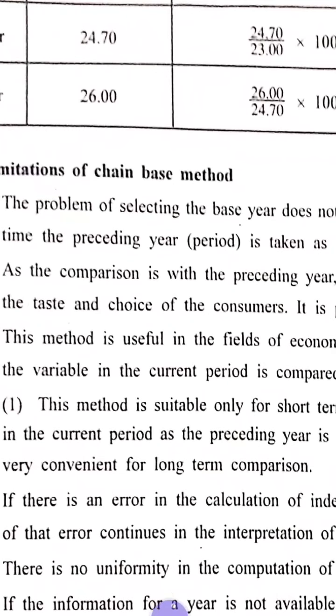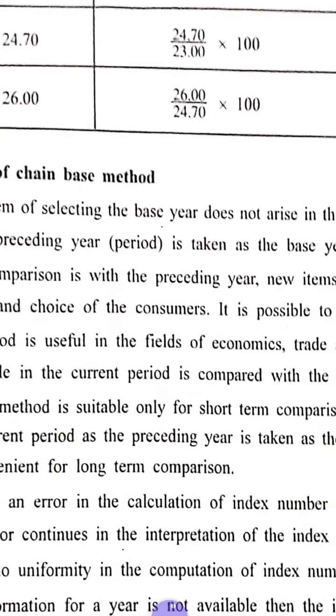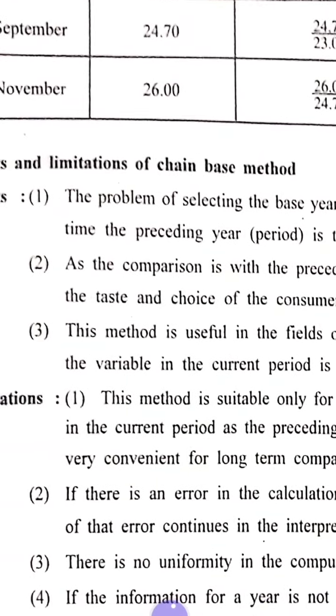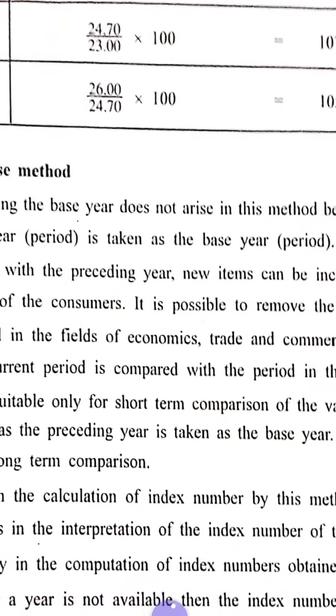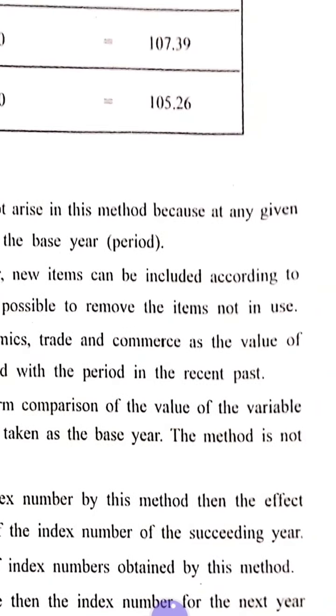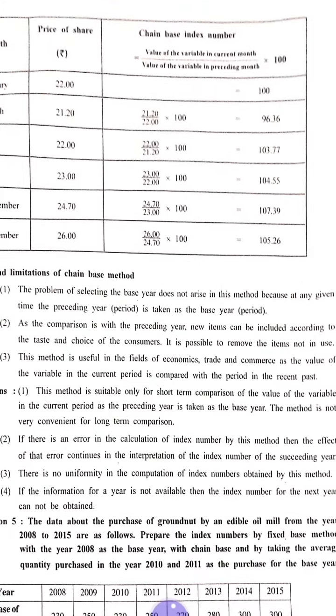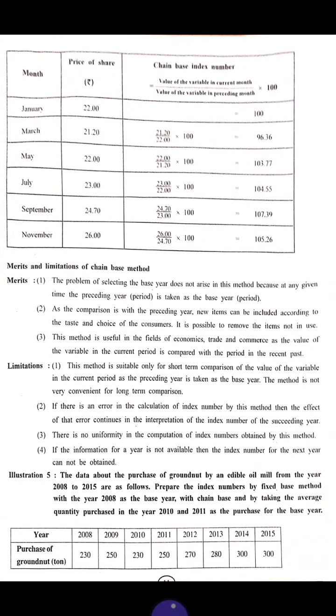See the next one. As the comparison is with the preceding year, new items can be included according to the taste and choice of the consumers, and it is possible to remove the items not in use. Yes, children, as the year progresses or as time goes by, you would find the preferences of the consumers always change, right?